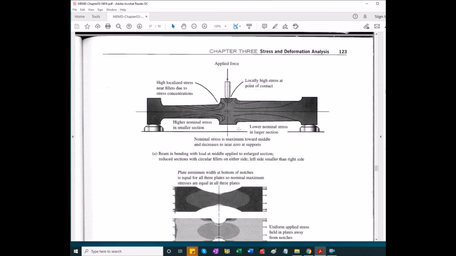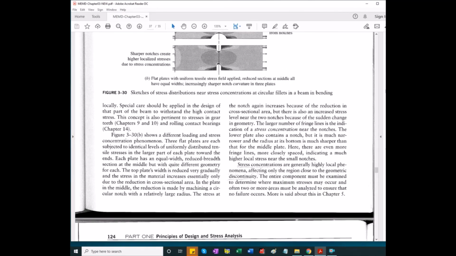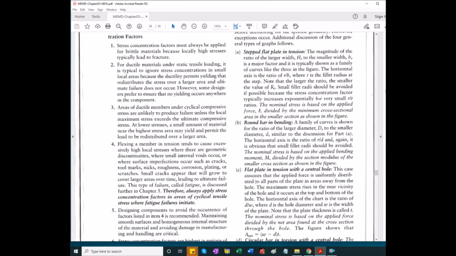Stress concentration, this is a subject from strength of materials you're familiar with. When we have a transition in the cross section of beams or shafts, there's a localized increase of stress, and experimentally or numerically these have been calculated and tabulated in the form of parametric charts.